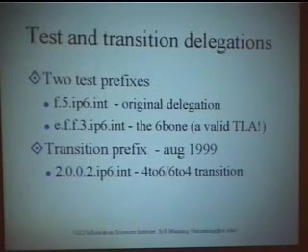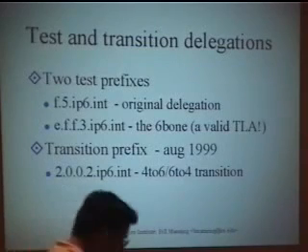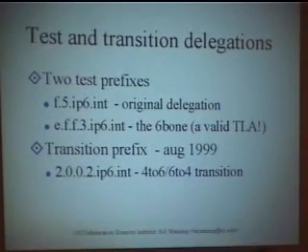It has been replaced by the EFF3.ip6.int delegation, which is for the 6-bone. If you go to the 6-bone web pages or talk to folks inside the IETF, this prefix is used by folks who are interested in getting IPv6 visibility and a little understanding about how things work. This was pretty much valid up through this time last year.